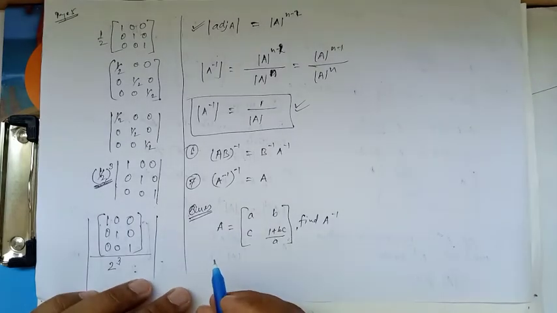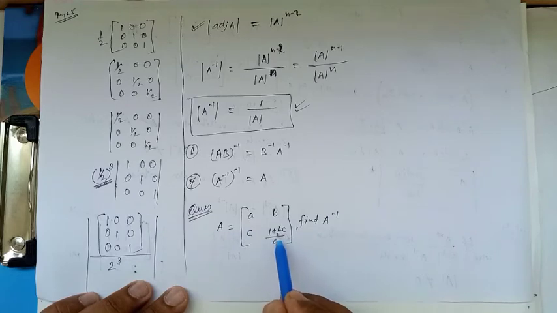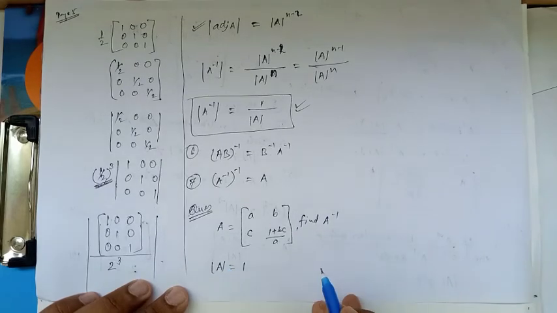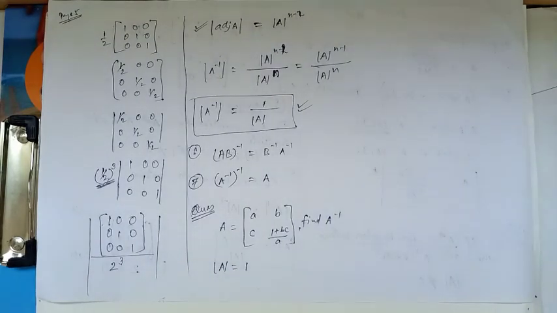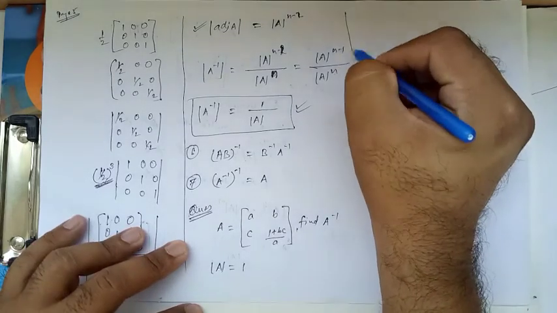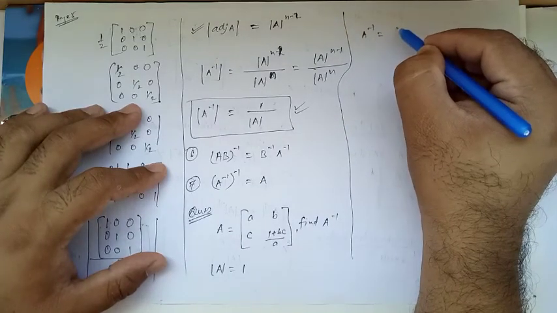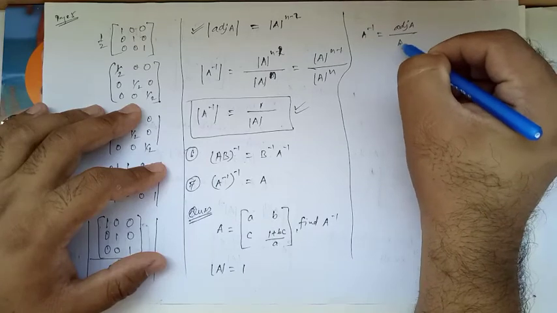So first of all, we need to find the determinant of A. What we are getting is this into this will give you A will get cancelled, 1 plus BC you will get, and minus BC will give you 1. So the determinant of A you are getting over here is 1. Therefore it is invertible because this is a non-singular matrix. So we can find the A inverse, and A inverse can be found as adjoint A by determinant of A.